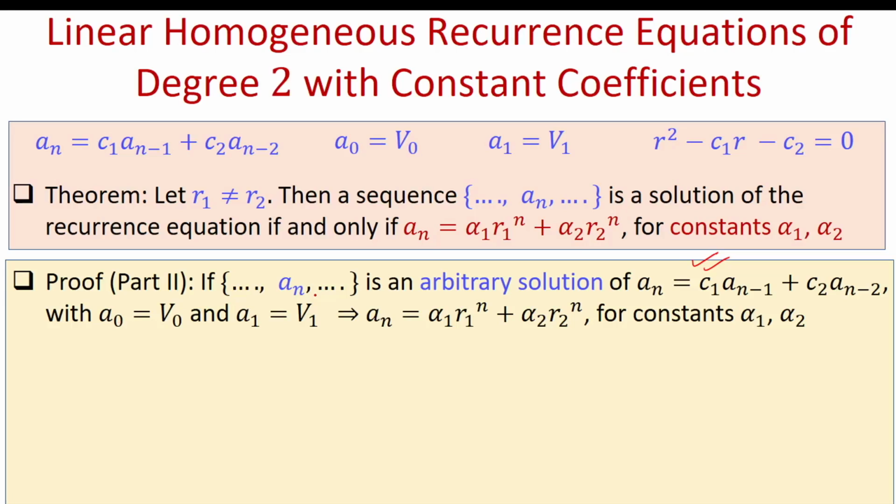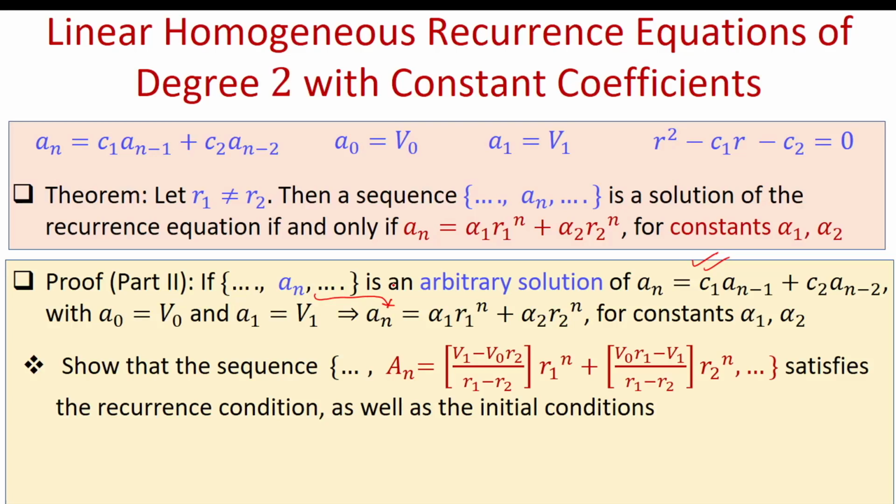Then we want to prove that this nth term of the sequence is of this form for some constants alpha 1 and alpha 2. And the proof strategy here will be as follows. We will first prove that you take another sequence, different from the sequence, or the solution, that you are considering right now.